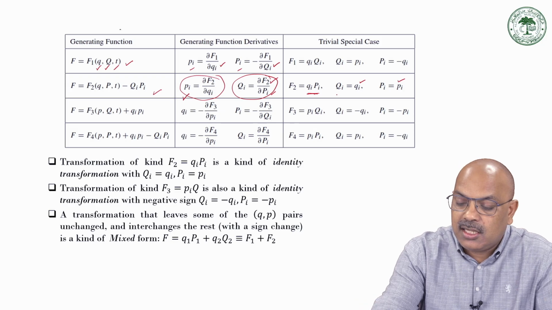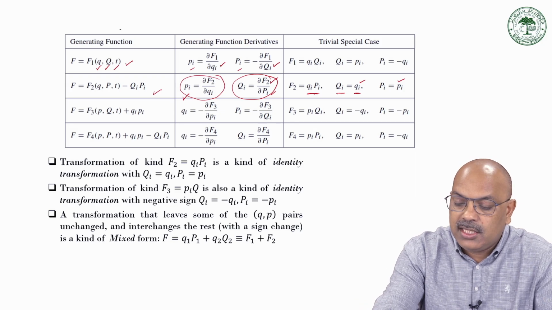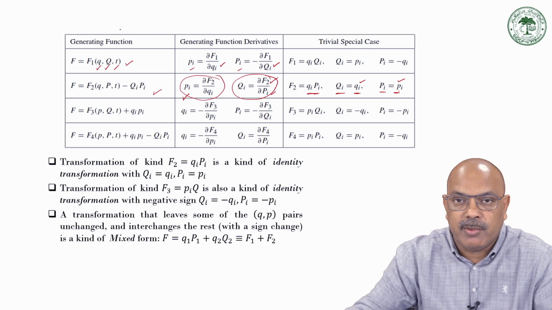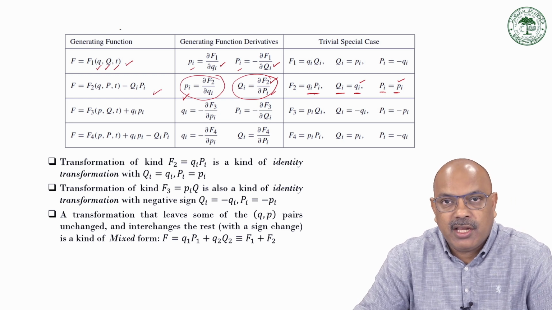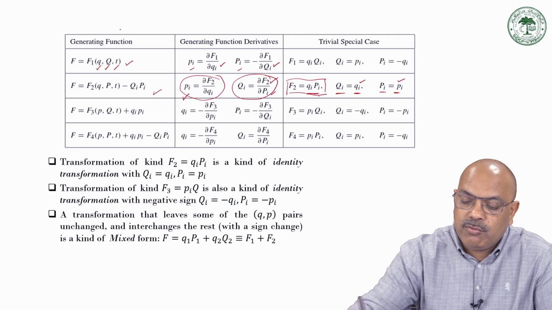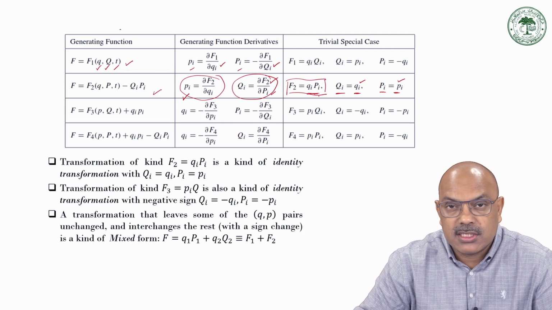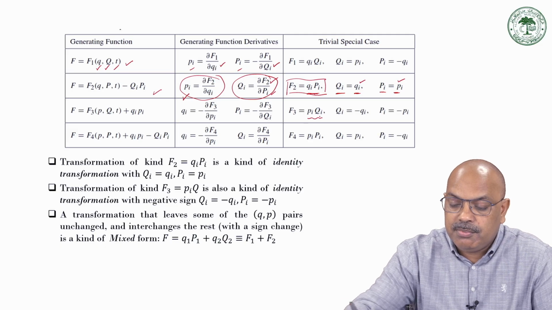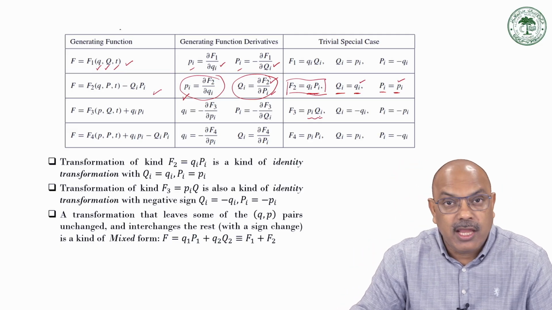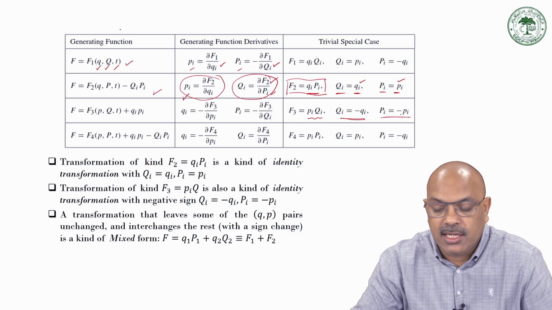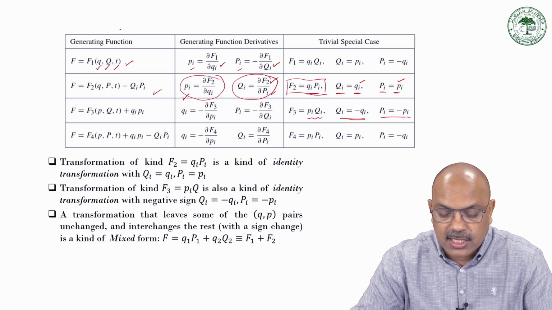So you see that the old and new coordinates are equal, and the old and new momenta are equal. This is a kind of identity transformation. So if you have a transformation of type f2, which is qp, this is an identity transformation. If you have pi qi in f3 type, then this is an identity transformation with a negative sign. And then you have mixed ones and all these things.